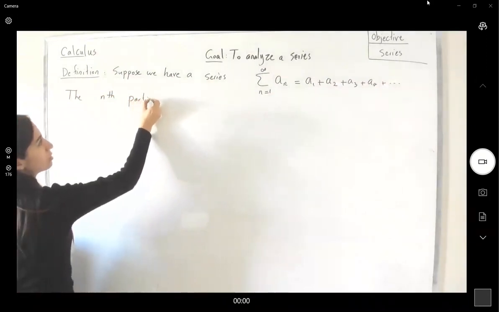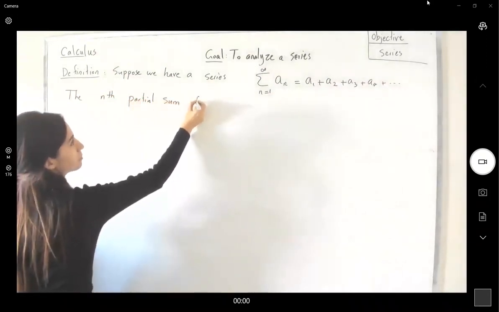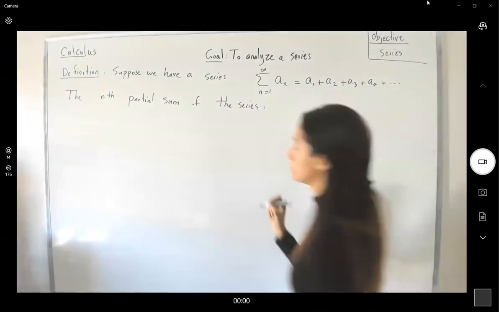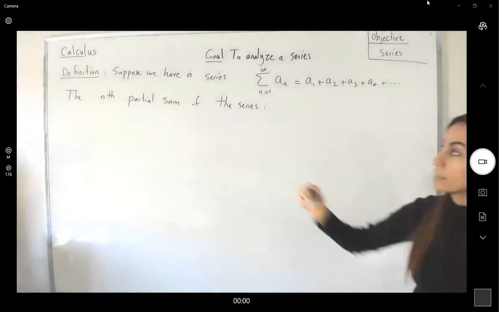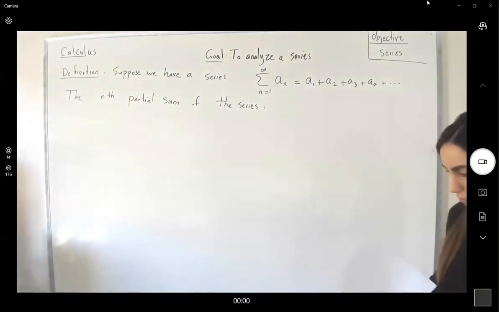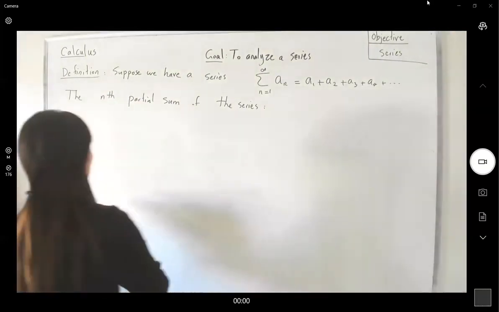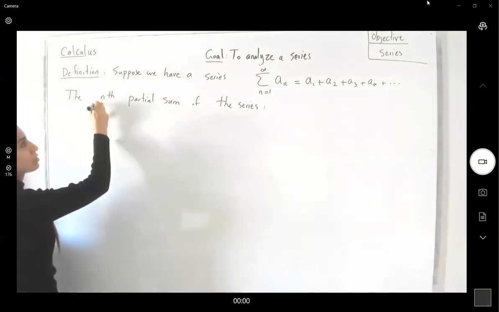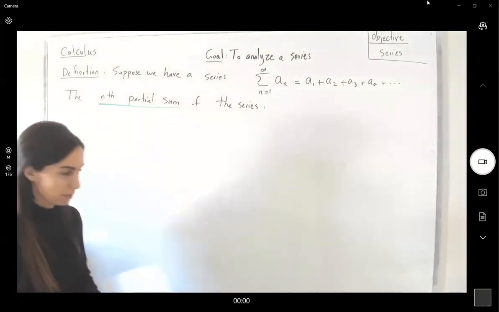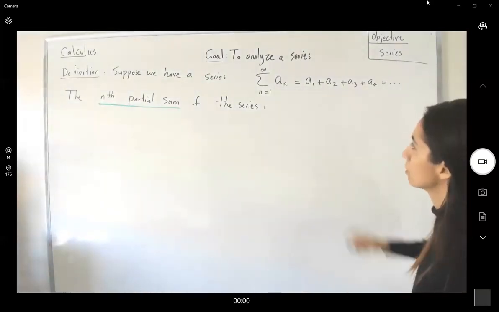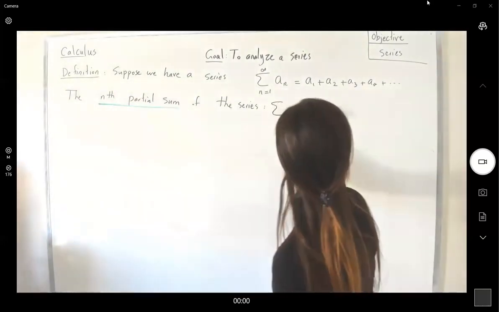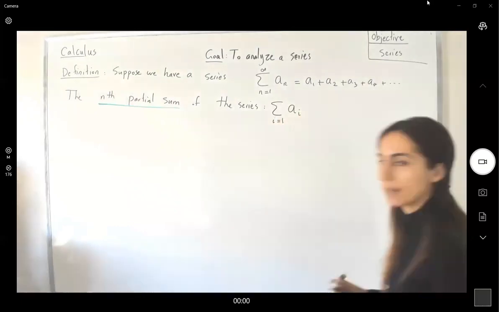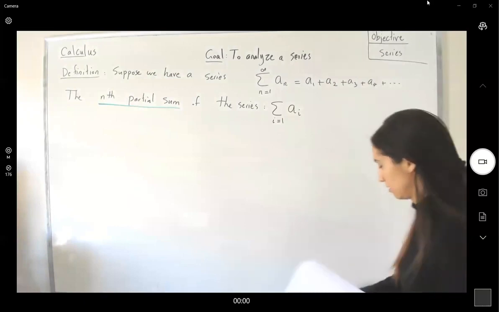The nth partial sum of the series is defined this way. The nth partial sum. So it means that we are adding some terms and we stop at the nth term. It's denoted by the sum a sub i, i starts from 1 and it stops at n.